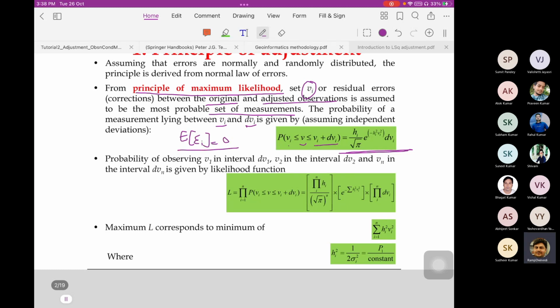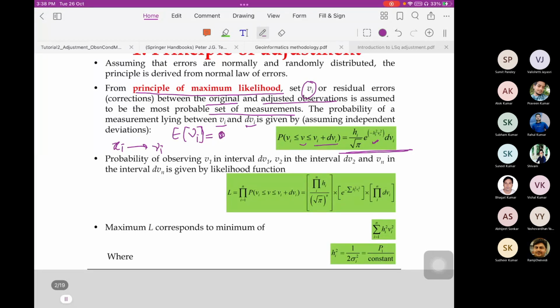The mean is converted to zero, and your xi is replaced by epsilon i. For better approximation, you can write the expectation of residual to be zero, because the error and residual are the same thing, and xi is now replaced by vi.